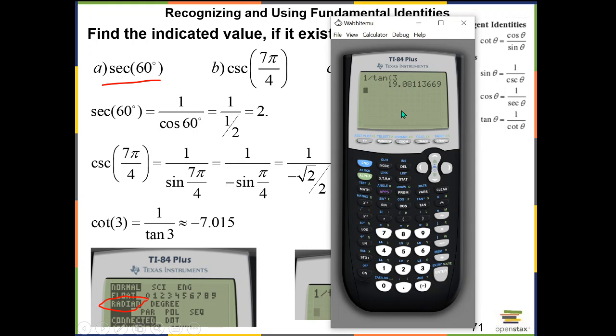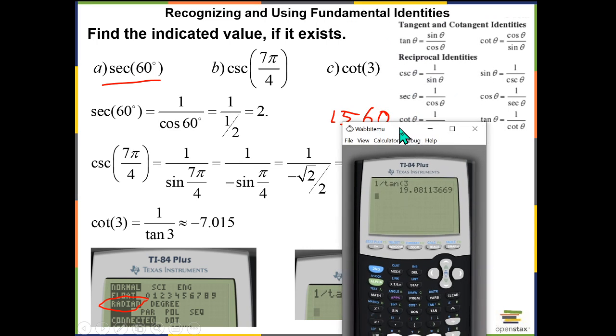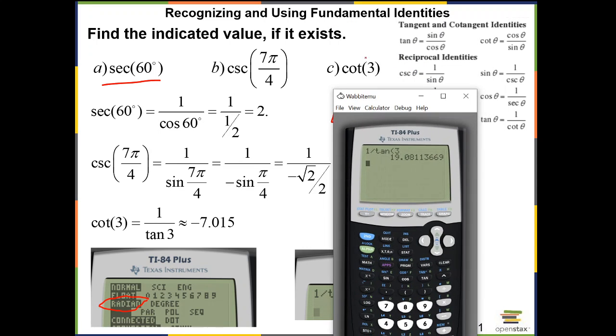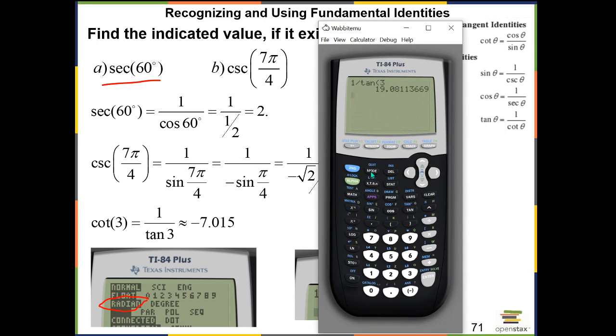There. Let me see. Oh, this is in radian. So now this 3, since it doesn't have a degree, has to be in radian. My mistake. Let me change to the first one, 60 degrees.